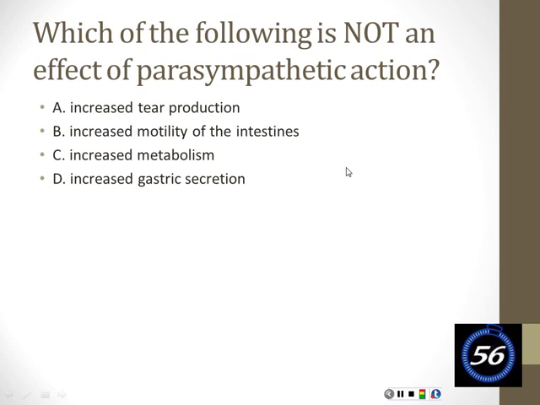Which of the following is not an effect of parasympathetic action?